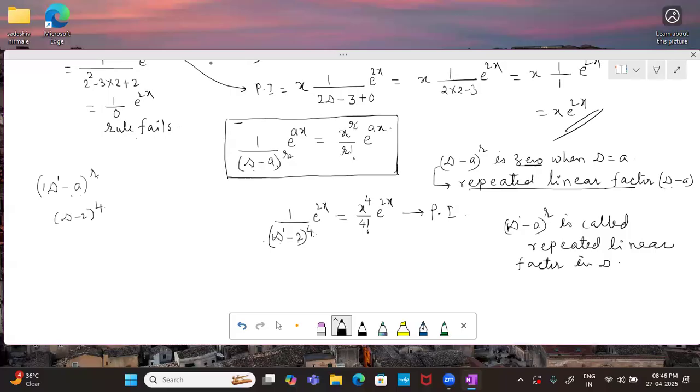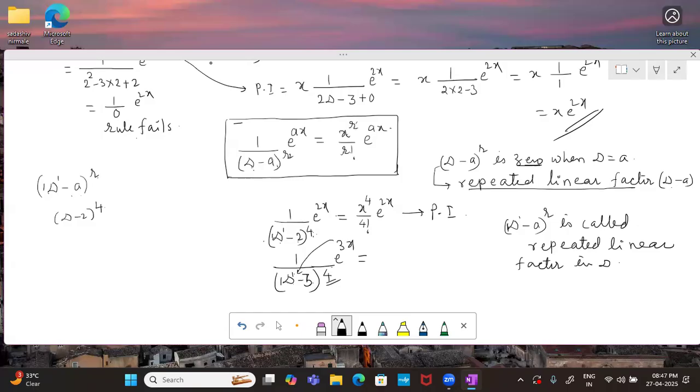See this another example, 1 upon D minus 3 raised to 4, e raised to 3x. Then what is the answer directly? Is it a failure case? When D is equal to 3, 3 minus 3 will be 0. The rule fails. And it is a linear and repeated factor. Linear in the sense power of D is 1, multiple of D also 1.